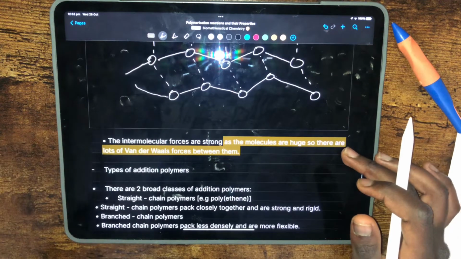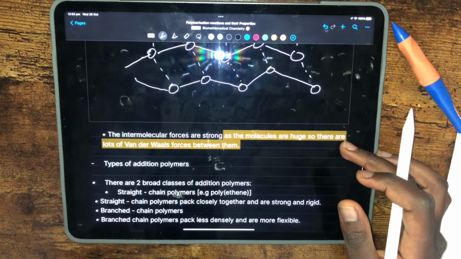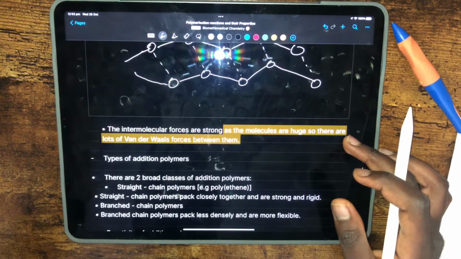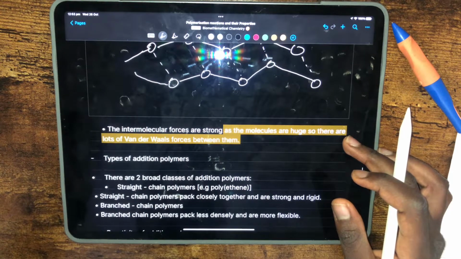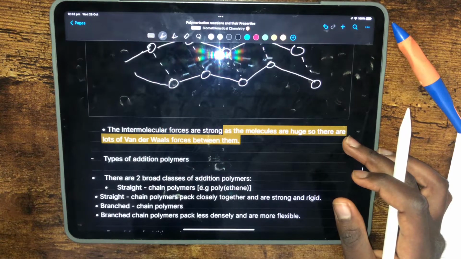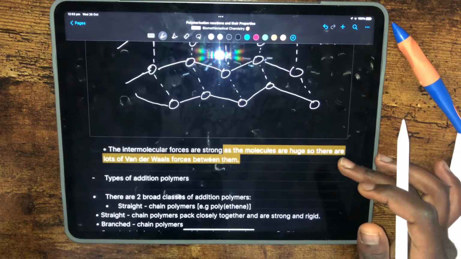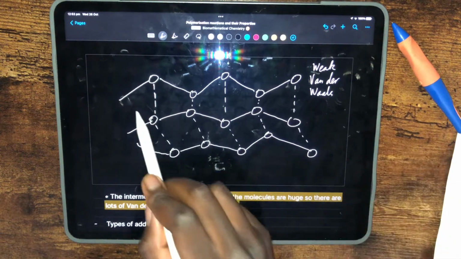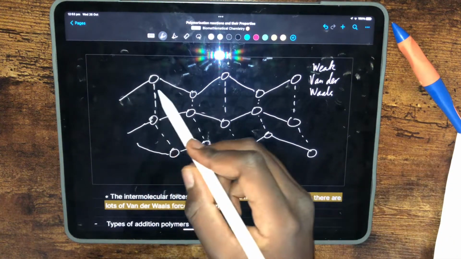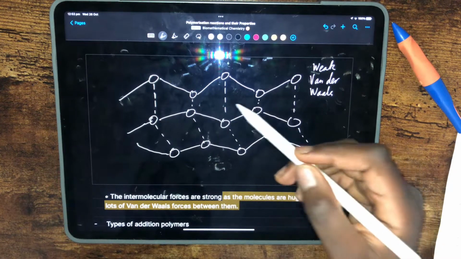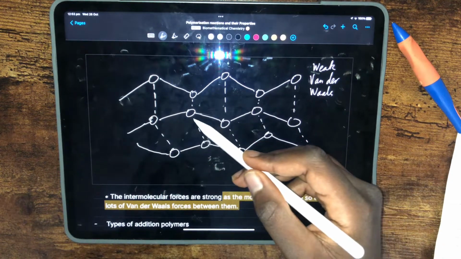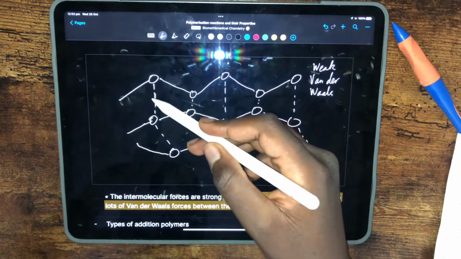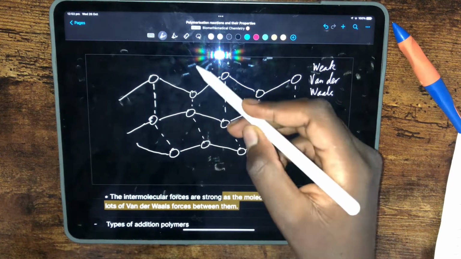There are two broad classes of addition polymers. There are straight chain polymers, for example polyethylene. Straight chain polymers are packed closely together and are strong and rigid. For example, this here would be an example of a straight chain molecule. There are no side chains, so they form many more van der Waals intermolecular forces between them, because there are no side chains that distort the shape.